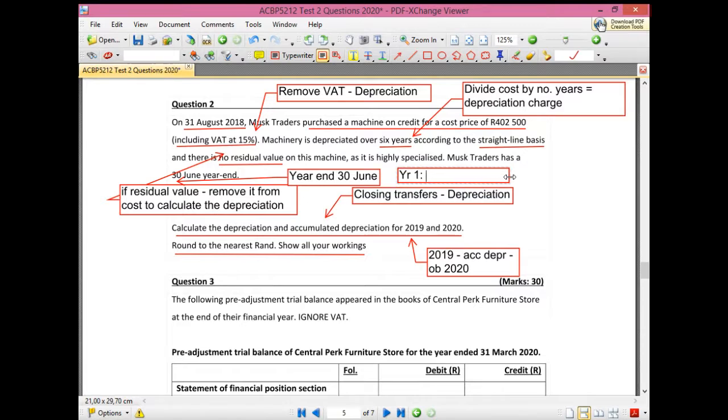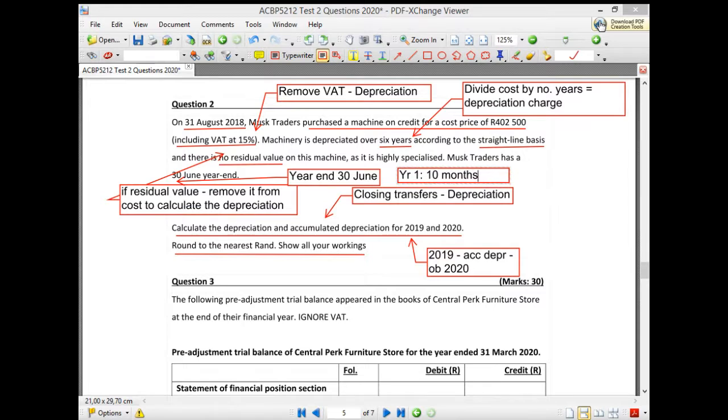Okay, so let's count. So I said if you buy an asset at the end of the month, you ignore that month. So we only start counting from September. September, October, November, December, January, February, March, April, May, June. So 10 months.